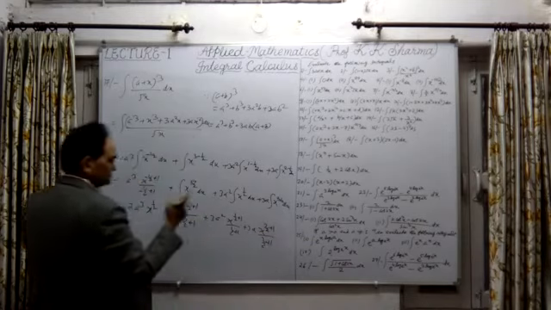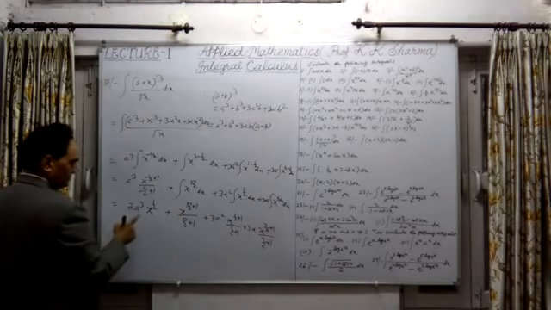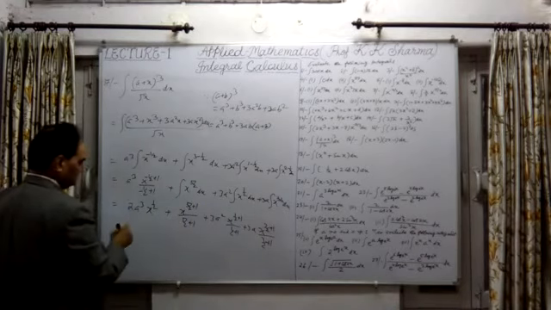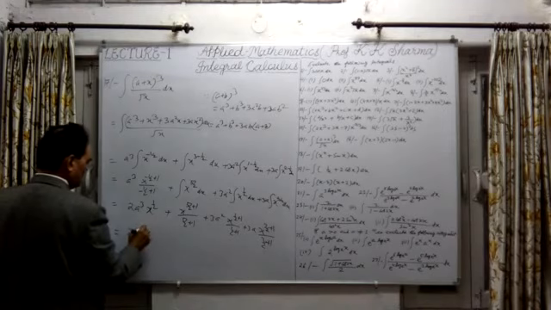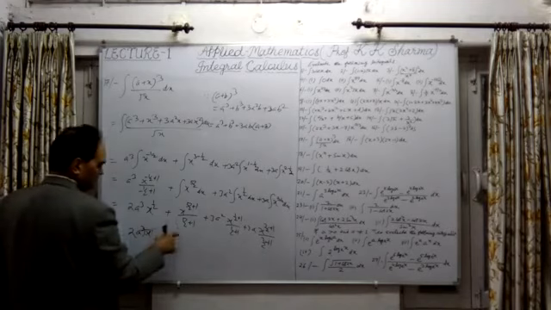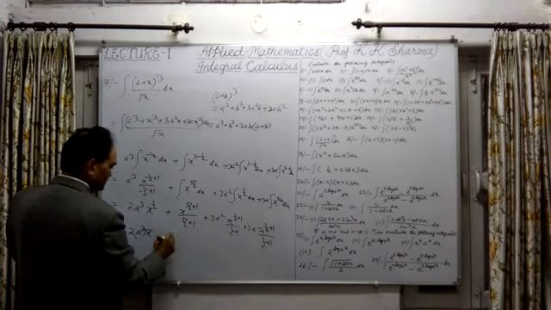Okay, plus a constant can be written, which I am omitting, but that is understood. Now this is twice a cube into x raised to the power half, or under root x. Plus this is 5 plus 2, 7 by 2, that means 2 by 7, x raised to the power 7 by 2.